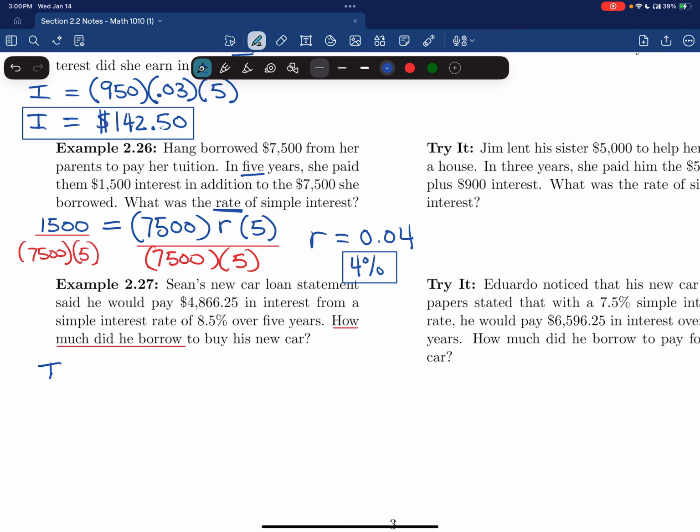So let's take our interest formula, I equals P times R times T, and we're going to fill in everything we know. The thing we don't know is the principal P. All right, so this is the interest, $4,866.25. So let's replace I with that.